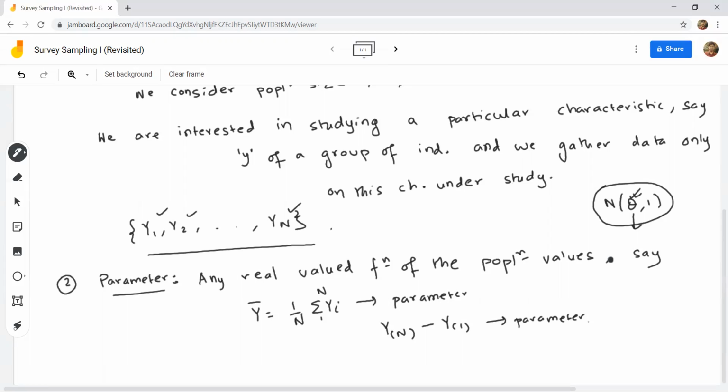We'll draw a sample from the population, construct a statistic, and now to estimate or to learn more about these parameters, say Y bar or say s square, which is the sample variance, and so on. So we need to study these properties for the entire population, and we will draw samples again from the population and construct statistics. Fine. So the goal remains the same, only the notations vary, right?